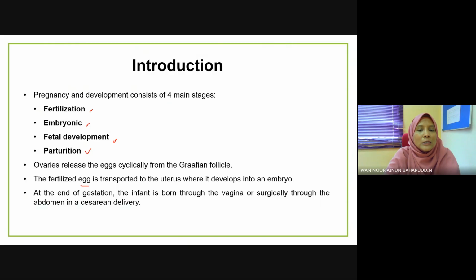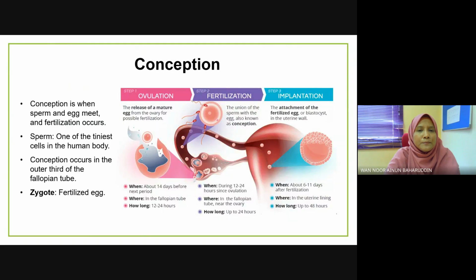At the uterus, it will be implanted there, and now it can develop into embryo. So we have covered the topic of fertilization. And then at the end of gestation, the infant is born through the vagina or surgically through the abdomen if it is cesarean delivery.